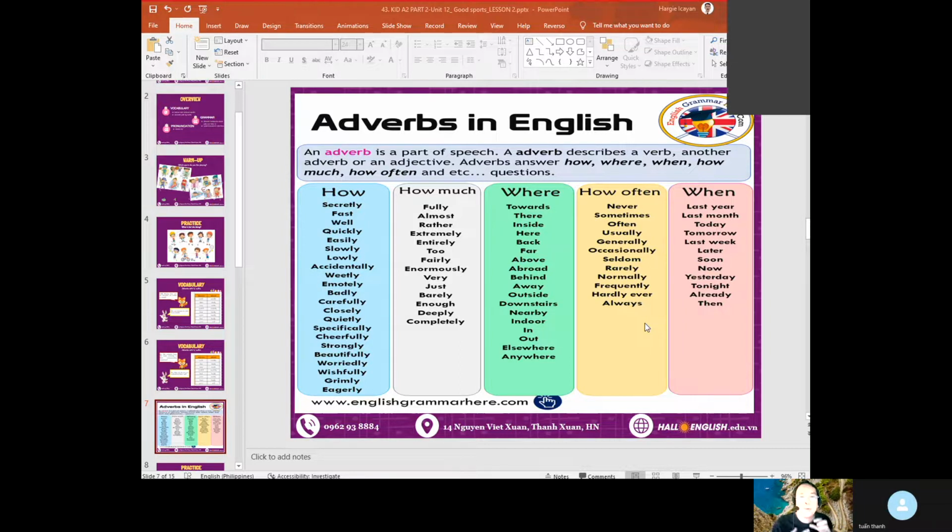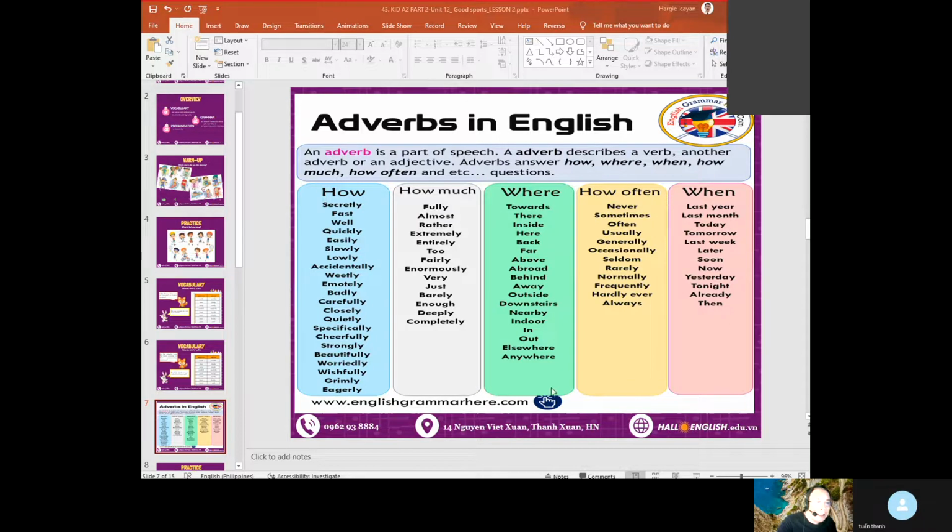So what do we mean when we say adverb? Just like noun, pronoun, verb, and adjective, an adverb is also a part of speech, wherein the use of the adverb is to describe an action, which is a verb, and to describe another adverb or an adjective.